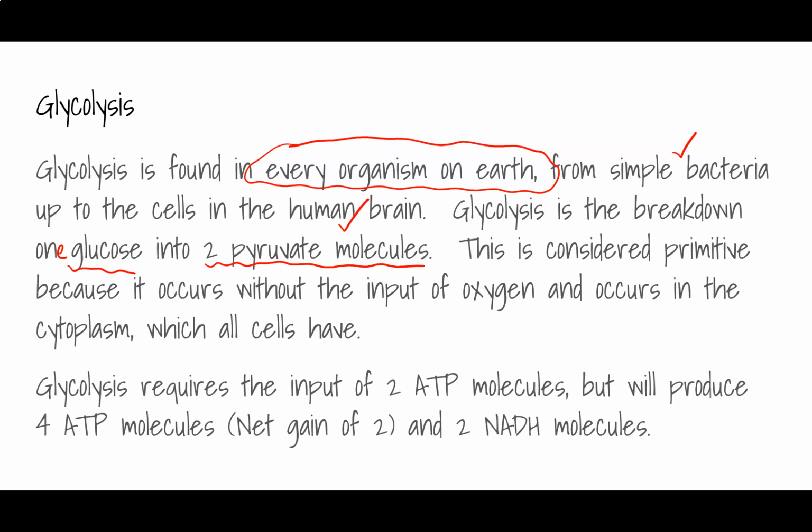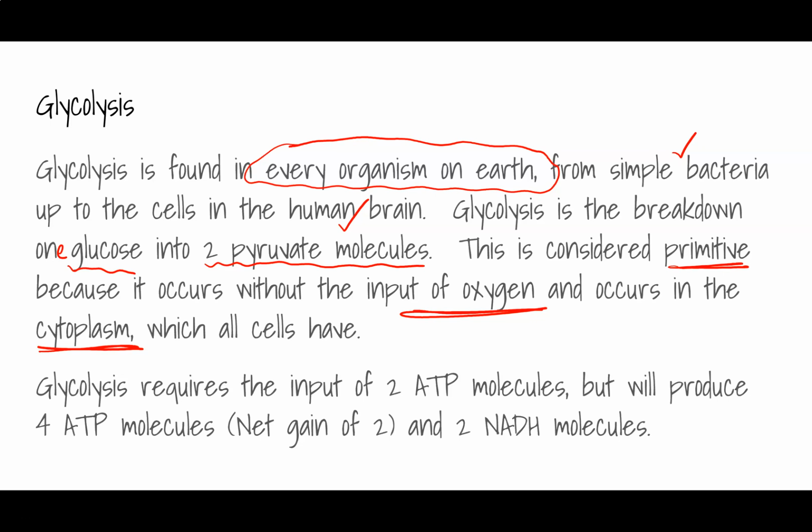So the process of glycolysis, as a review, is considered primitive. Why? Because it occurs without the input of oxygen, because there was no oxygen back in the early atmosphere, and it happens in the cytoplasm, and we know that all cells have cytoplasm. And it has been conserved for billions of years as it's been passed down to pretty much every organism.